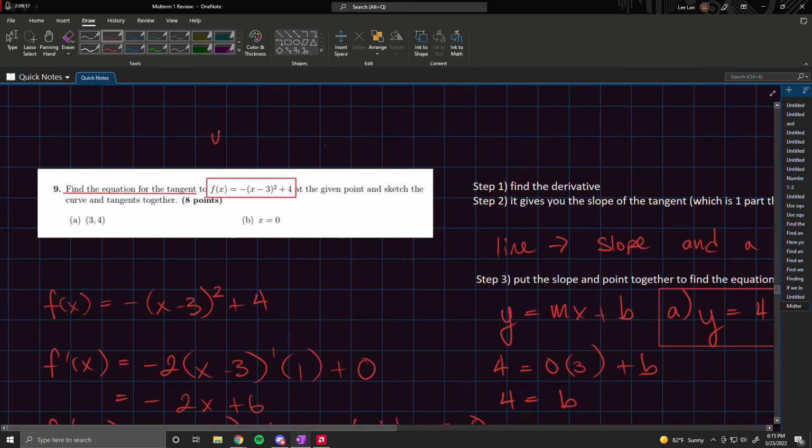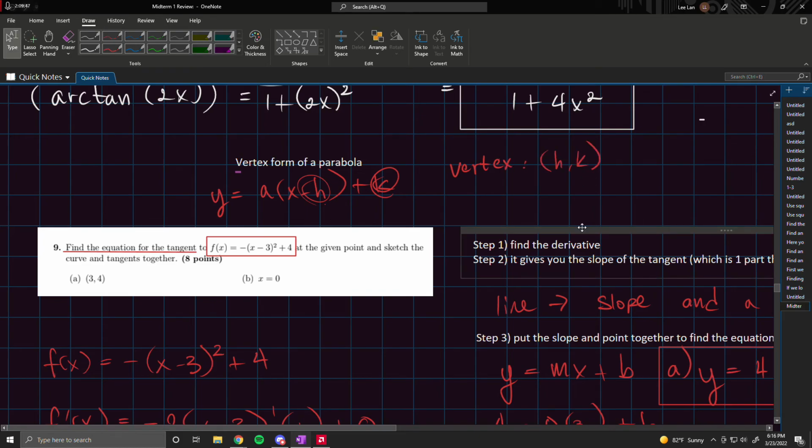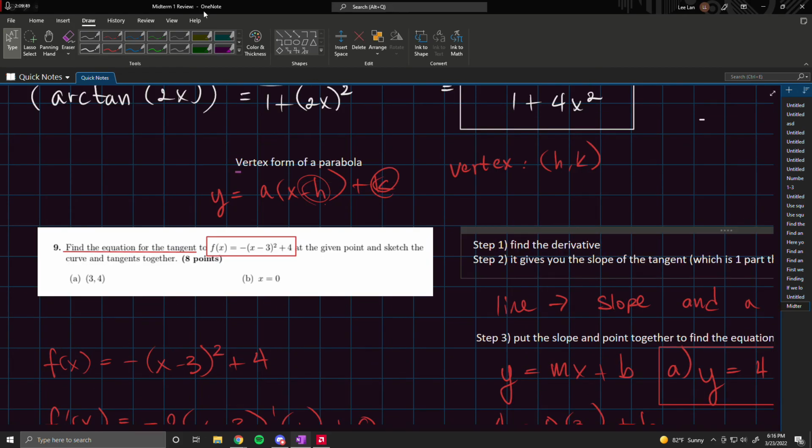This is y equals a(x minus h) squared plus k. This is the vertex form of a parabola. And so what's going on at (h, k)? Our vertex is located at (h, k).